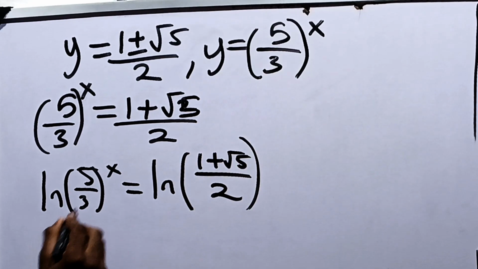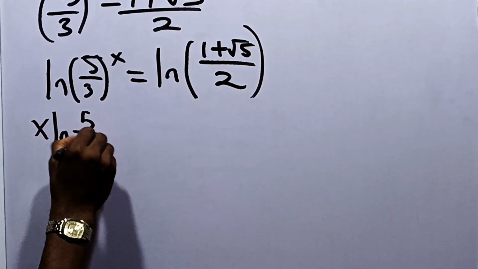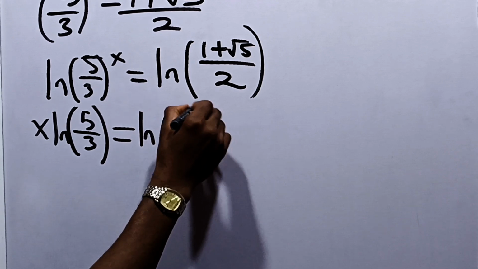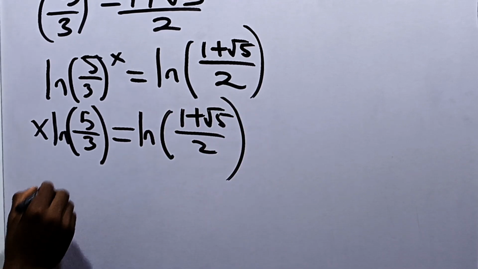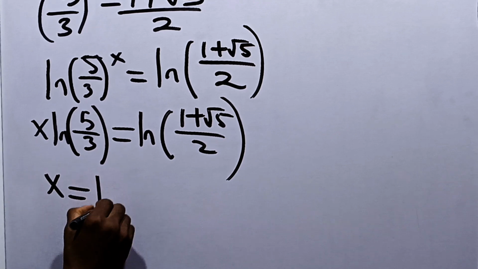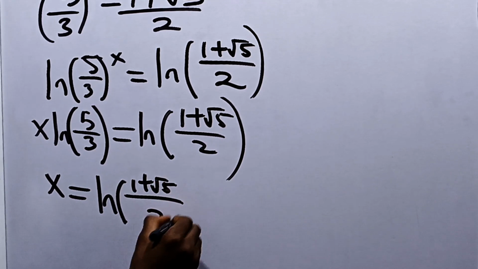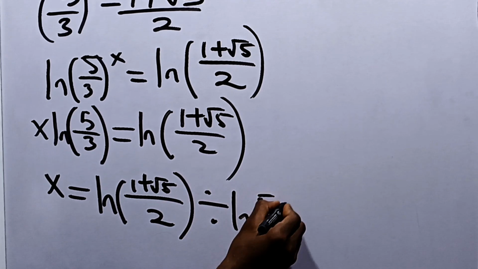Now from here we have that this is x multiplied by ln of 5 over 3, to be equal to ln of 1 plus root 5 all over 2. Now from here we have that our x will be equal to ln of 1 plus root 5 all over 2, divided by ln of 5 over 3, okay?